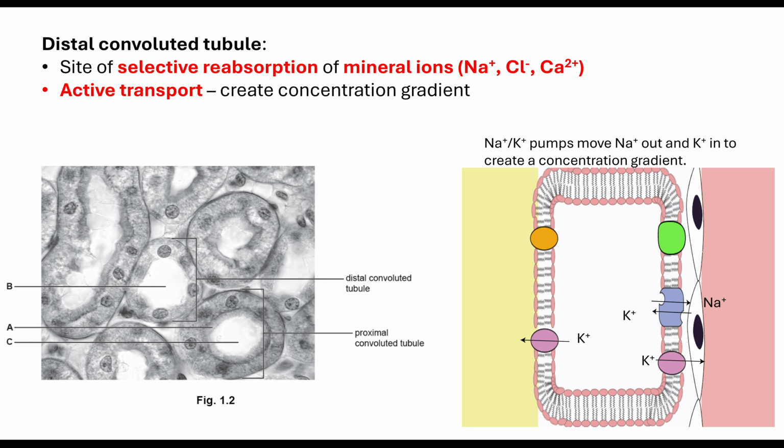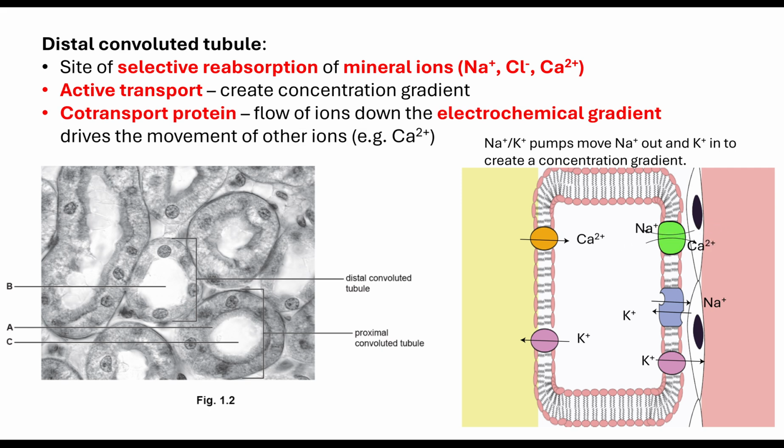Now, if we have any ions at a higher concentration on one side and a channel that allows those ions to diffuse, they will diffuse from an area of high concentration to an area of low concentration. But that will only allow it to occur on the side where the channel is present. So if we have, for example, the need for our calcium to be moved into the blood, if we selectively need to reabsorb that, we do that through the use of a co-transport protein.